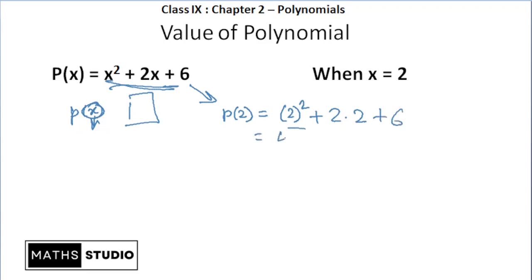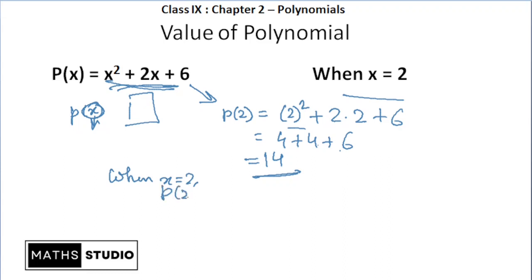This would be 4 plus 4 plus 6. So 8 plus 6, that is 14. So the value of this polynomial would be 14 when x is 2. When x equal to 2, p of 2 will be equal to 14. In chapter 2.2 we have these kinds of things where you put a value and you have to see what value you are going to get for the polynomial. So this part is clear.